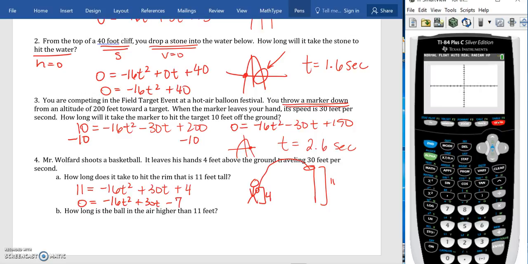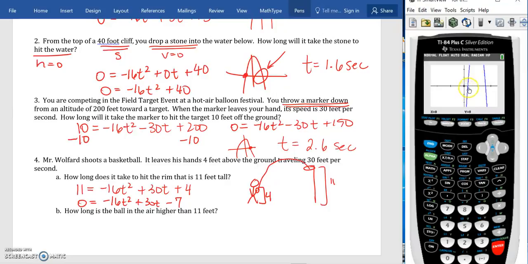One more time. Graph. And this time when we look at this graph, notice that we have 2 positive solutions. If I zoom in one time, there they are, 2 positive solutions.